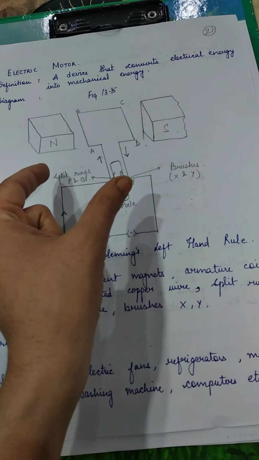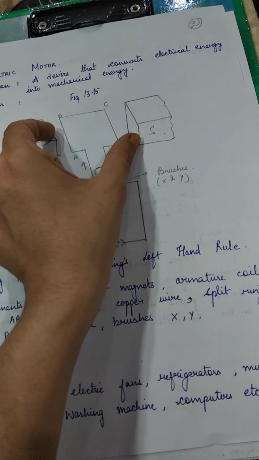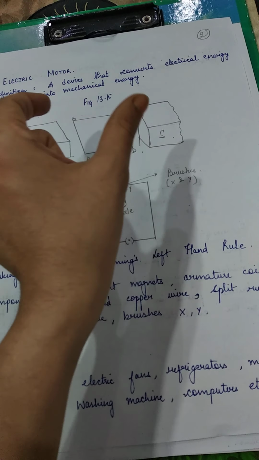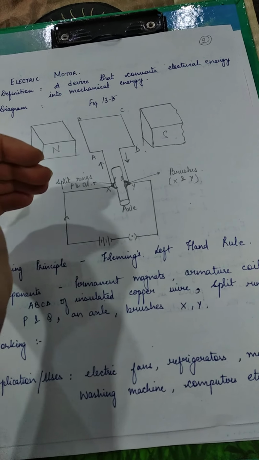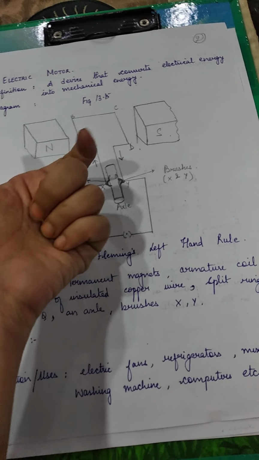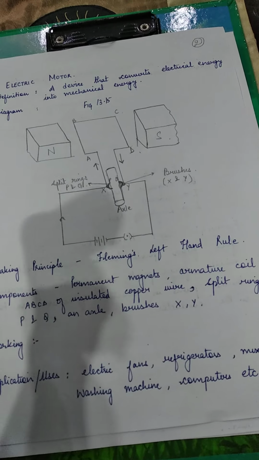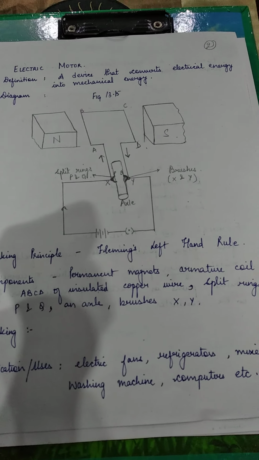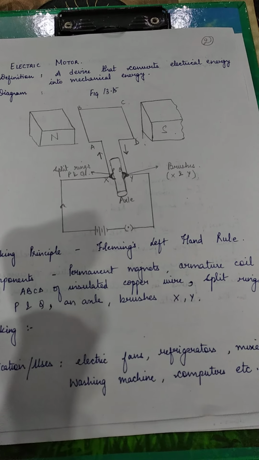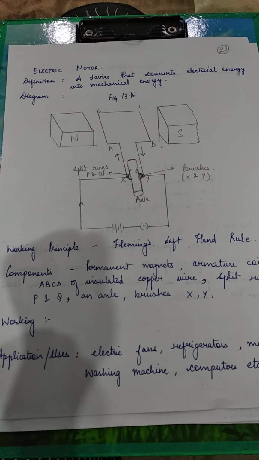The magnetic properties created by the circuit and those already possessed by the permanent magnets will interact, due to which a force will be produced, and that force will move the armature. Let us find the direction of the force acting on the armature. For this, we'll use Fleming's left hand rule.